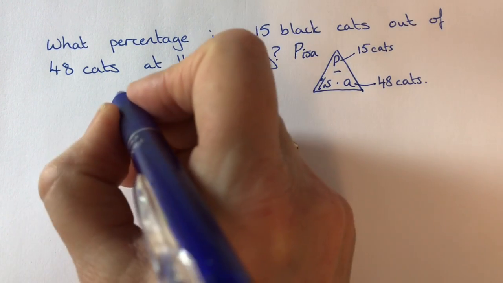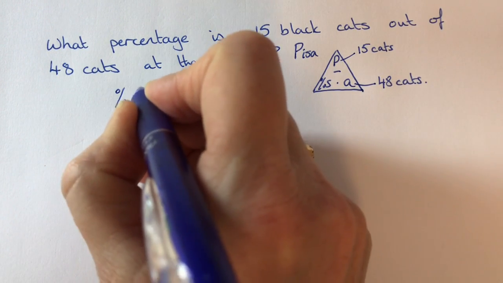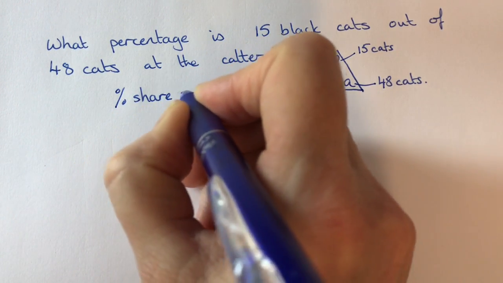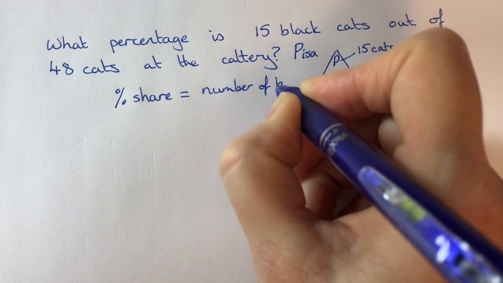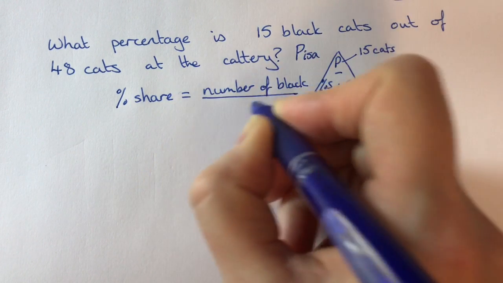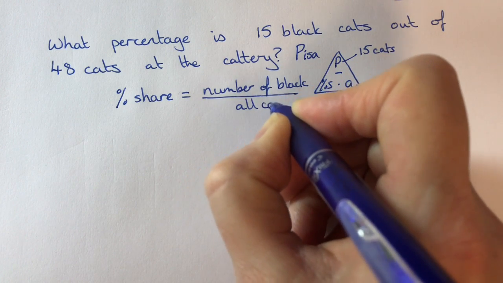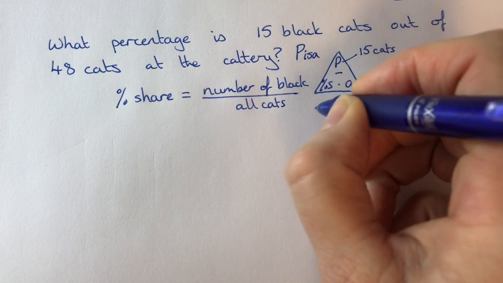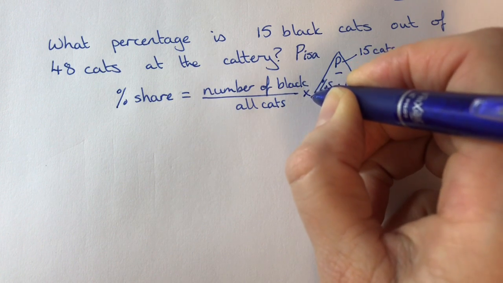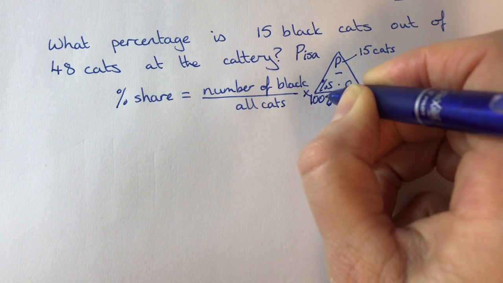So our percentage share is the number of cats divided by all cats, and then to change it into percentage we have to multiply it by 100%.